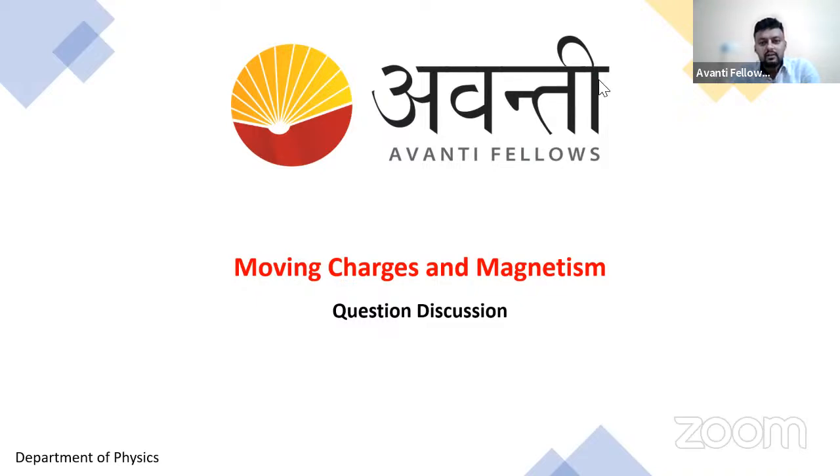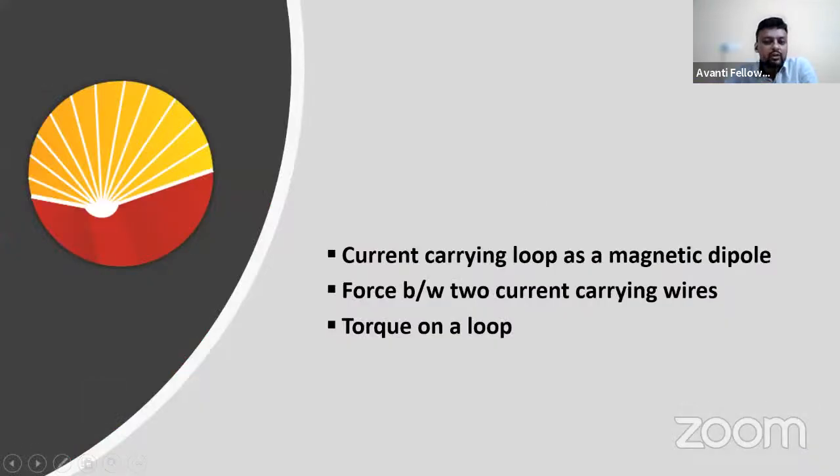Okay. So I hope in the previous class, the questions related to Ampere's law were discussed. What is Ampere's law? I hope you have done that part in the previous class. So now in this class, we are going to discuss the questions about current carrying loop, force between current carrying wires, and the torque on a loop.